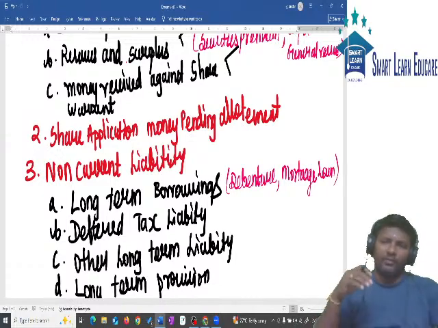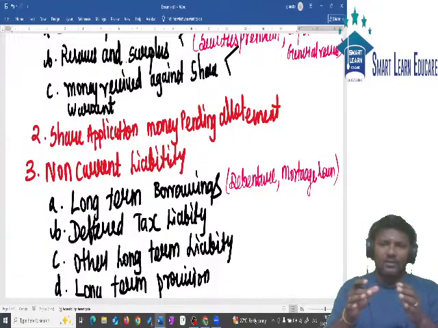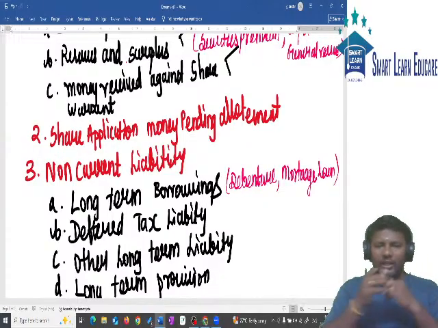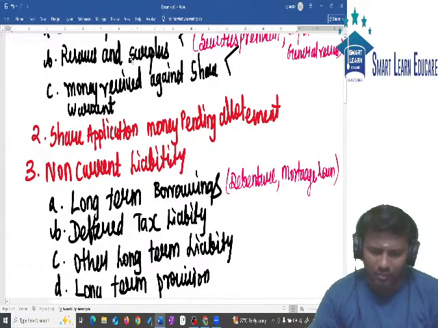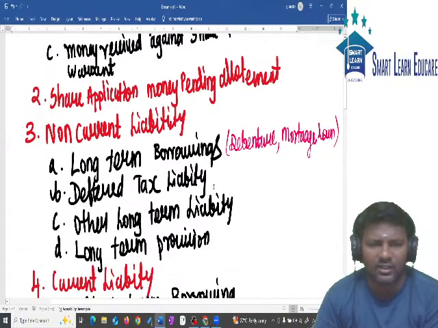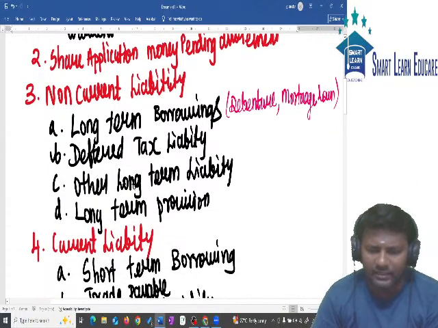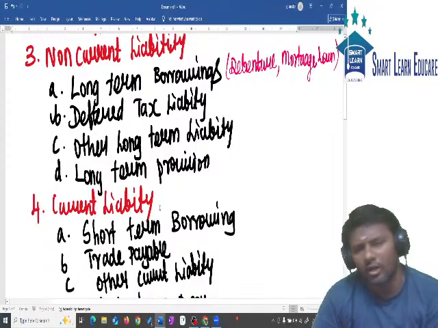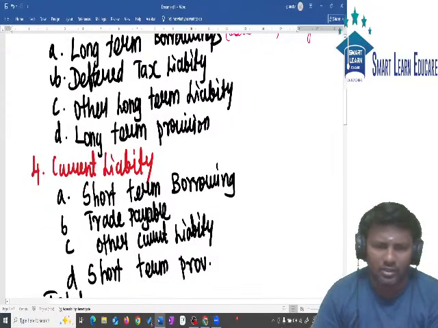Mortgage loan means we pledge something and receive some loan, that is called mortgage loan. These things will come under long-term borrowings. Okay, next, deferred tax, normal thing. Other long-term liability, long-term provision, short-term borrowing, and trade payables.